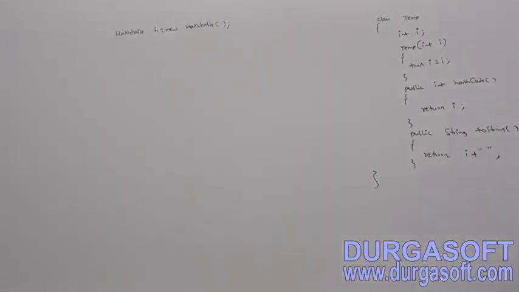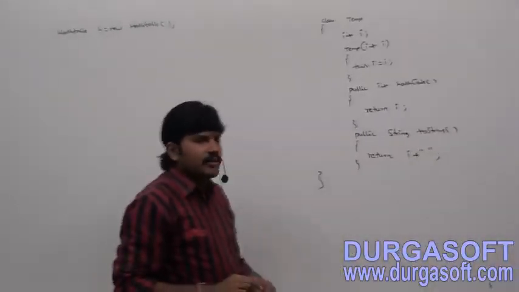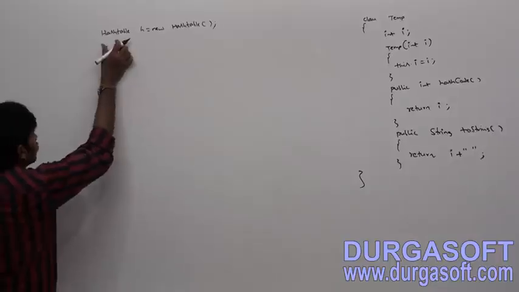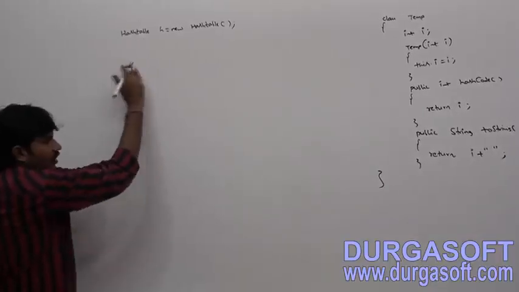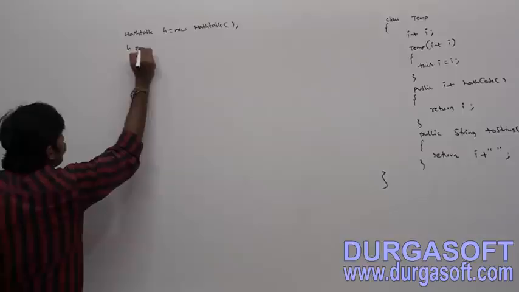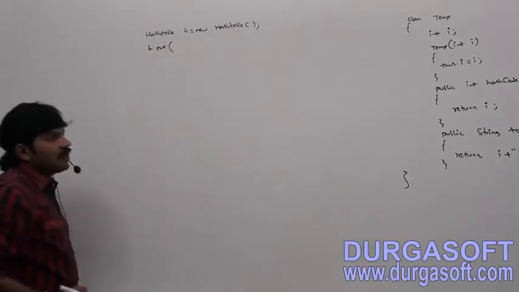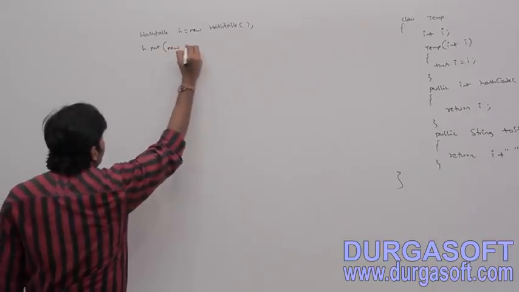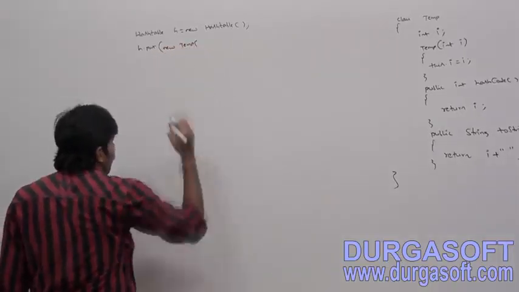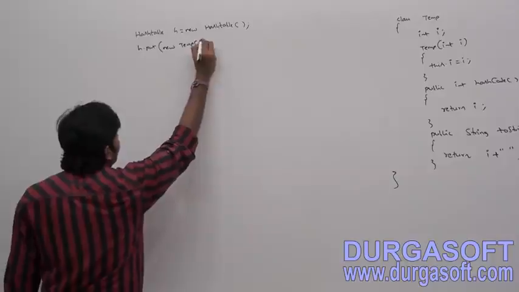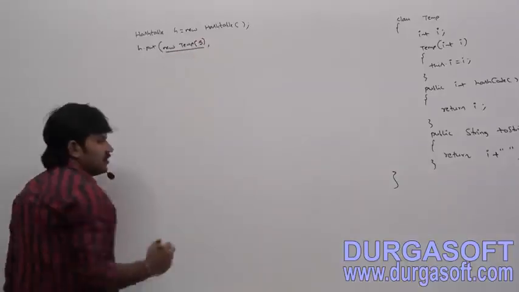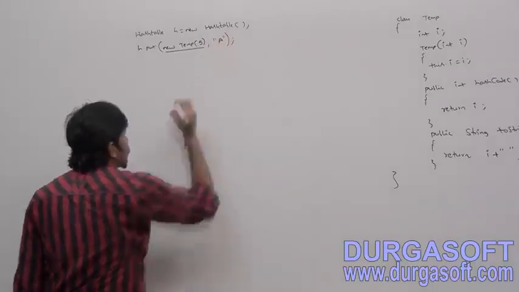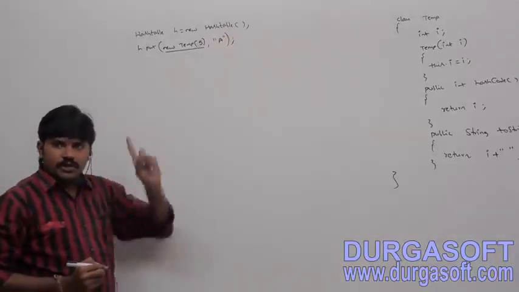I'm creating the Hashtable object and trying to add some key-value pairs. h.put(...). Can you tell what the key is? You can consider it from the screen. The key is new Temp(5), and A itself is the value. So one key-value pair is added.